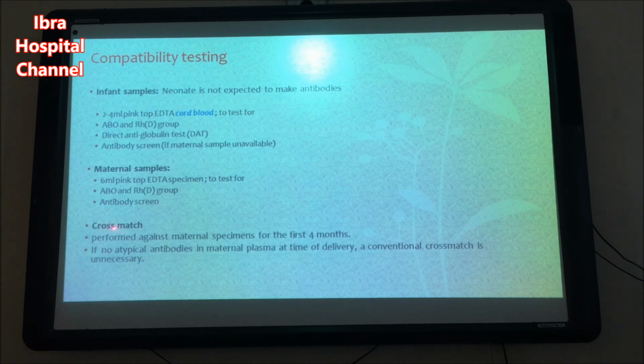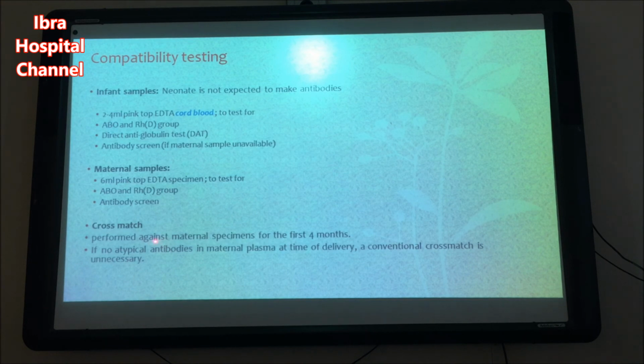That's why cross-match is performed against maternal specimens for the first 4 months. And this is creating lots of confusion again. People are not happy because whenever they request blood, the lab asks them for a mother sample, and the mother is not always available. But remember, this is only important if there is an antibody identified in the mother.